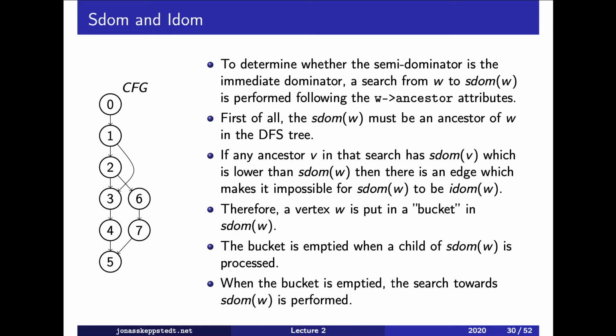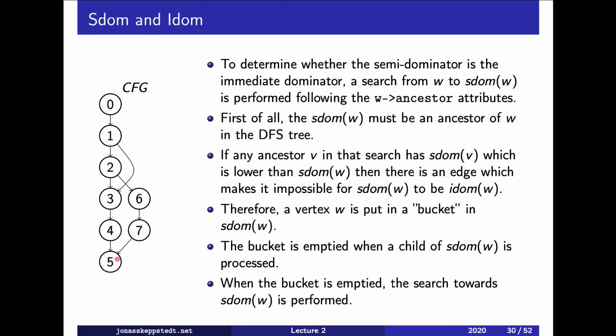When we follow this, we discover, for the case of 5, that there is a node with a smaller semi-dominator than 2. It turns out that for the node with the smallest semi-dominator on this path from 5 to 2, its immediate dominator is the immediate dominator of 5.